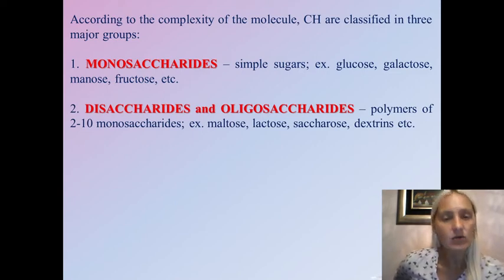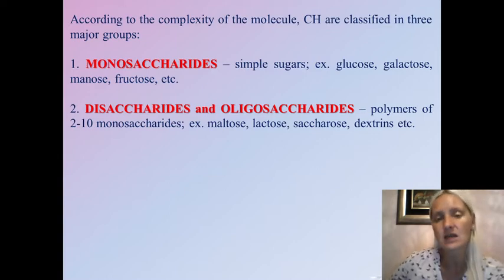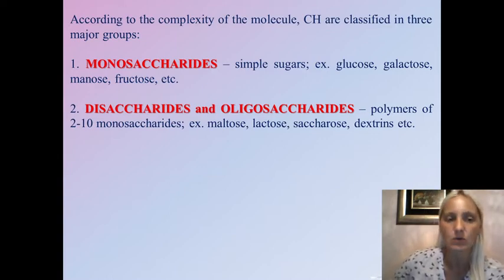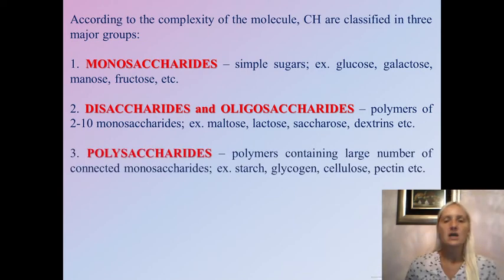Then disaccharides and oligosaccharides, which are polymers of 2 to 10 monosaccharide units. For example, maltose, lactose, saccharose, which are disaccharides, dextrins, oligosaccharides, and so on. And finally, polysaccharides, which are polymers containing a large number of monosaccharides in the structure, for example starch, cellulose, glycogen, pectin, and so on.